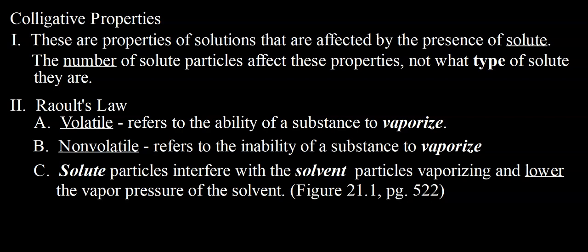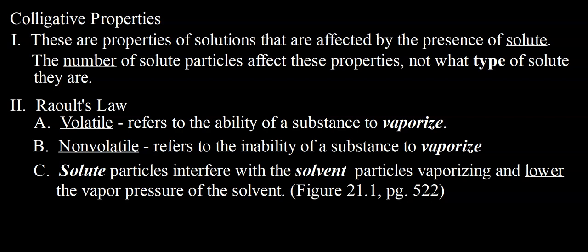So here's how it works. Solute particles interfere with solvent particles vaporizing. If we go back to evaporation, evaporation is a process where a liquid turns into a gas, and only the particles at the surface are able to turn into a gas. The particles at the surface of a liquid possess enough kinetic energy to break free of their attractive forces and turn into a gas.